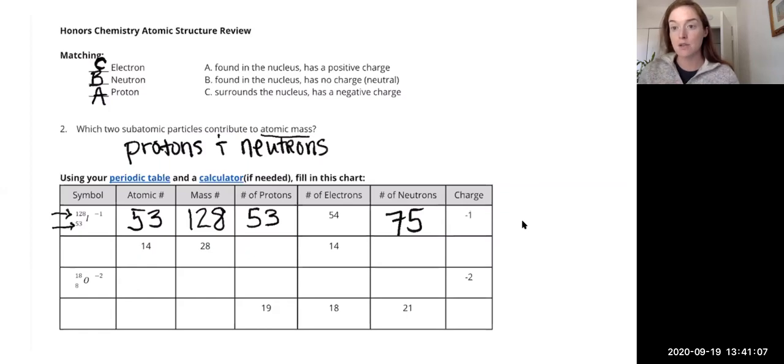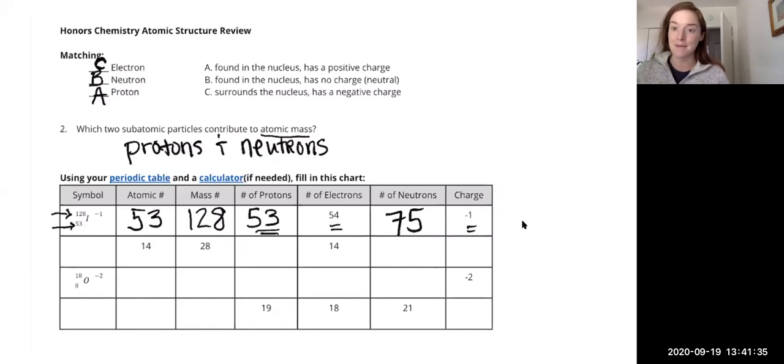So that means that there's one more electron, because those are negatively charged, than proton, because those are positively charged. So does it make sense? If there's 53 protons, there should be 54 electrons and one more negative particle. Yeah, that will give you a -1 overall charge, right?